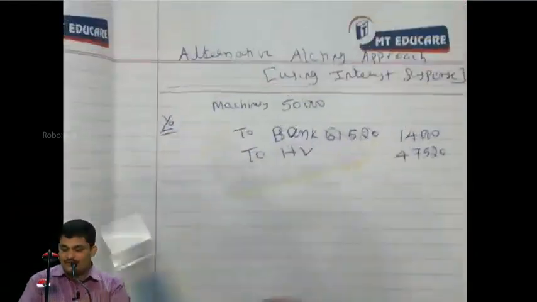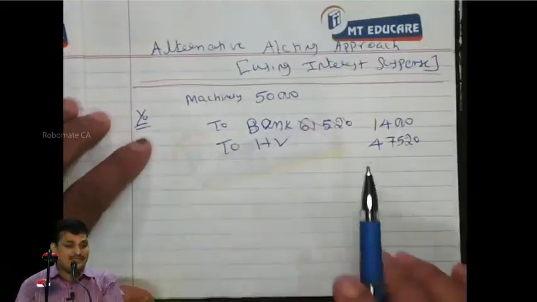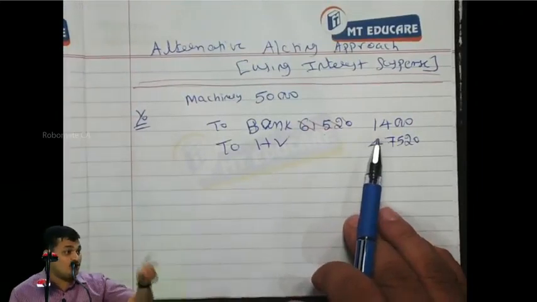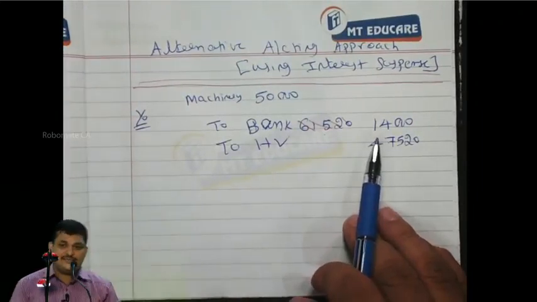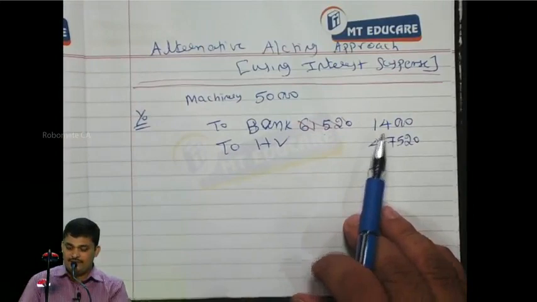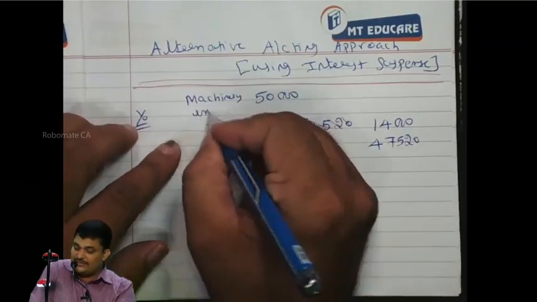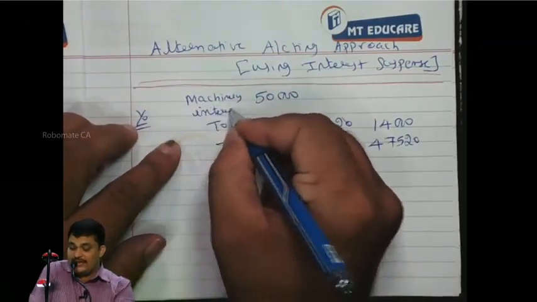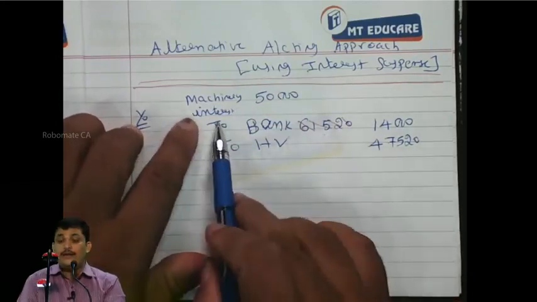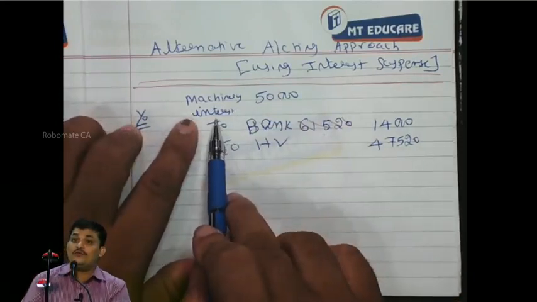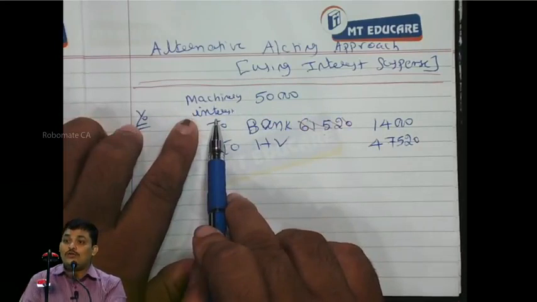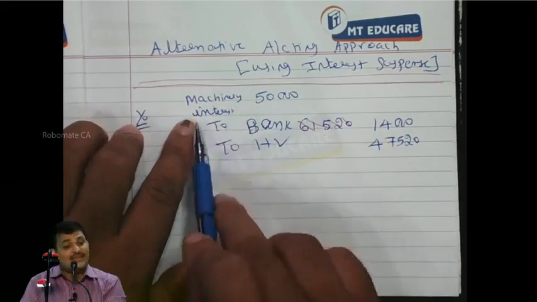Understood? Now this liability is arising because of the interest, which does not belong to 1 year, it belongs to 3 years. Thereby I book this as interest, but the moment I book this as interest, people misunderstand this as a nominal account and transfer it to P&L. So I want to ensure this is not treated as nominal.